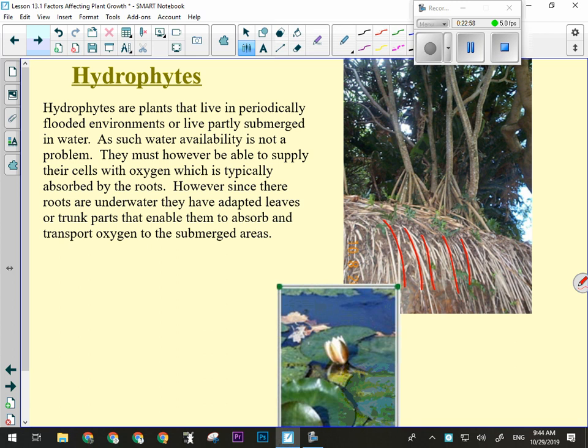Even when the flooding is really bad, the water rarely gets above this height. So some of these roots stay above the water level and are able to absorb oxygen out of the air and transport that to the submerged roots, allowing the tree to not suffocate when it's submerged for a long period of time. These snorkel roots can be pretty tall.